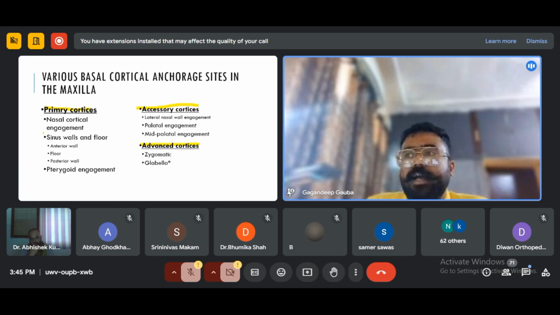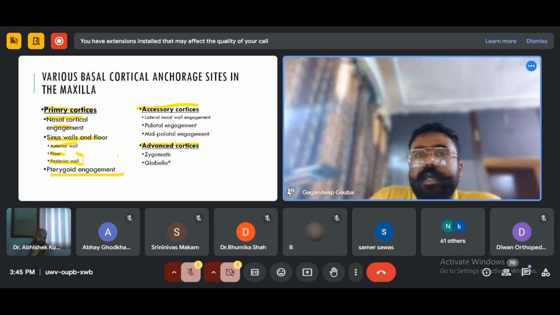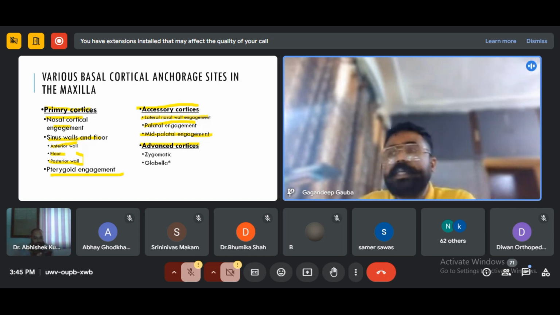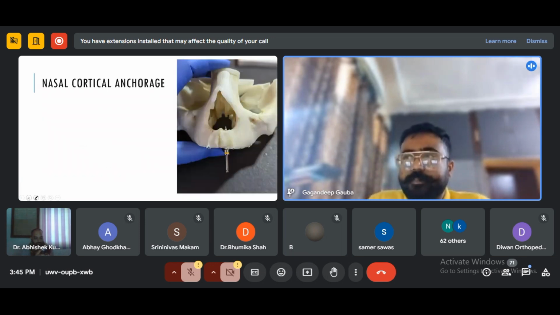The primary cortices are the nasal cortical engagement, the sinus wall and floor engagement, in which we include the anterior wall of the maxillary sinus, the floor of the maxillary sinus, and the posterior wall of the maxillary sinus, and the pterygoid engagement. In accessory cortices, we will be talking about the lateral nasal wall engagement, the palatal engagement, and the mid palatal engagement. I know it won't be clear just by reading these names, but in the diagrams and pictures in the coming slides, it will be very clear.